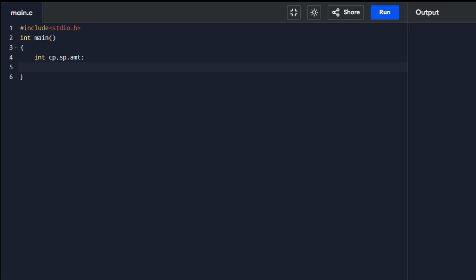Now let us read the inputs. Let us say the user purchased at 500 and sold for 700. The computer has to read these first. For that we write code like this. Printf enter cost price; semicolon.